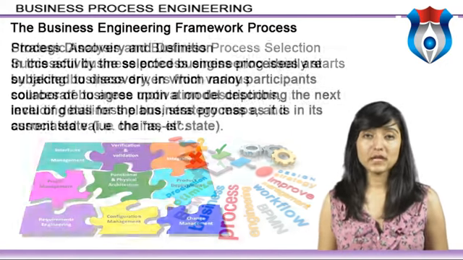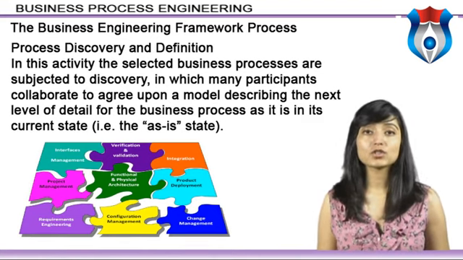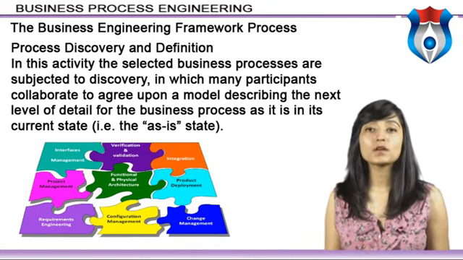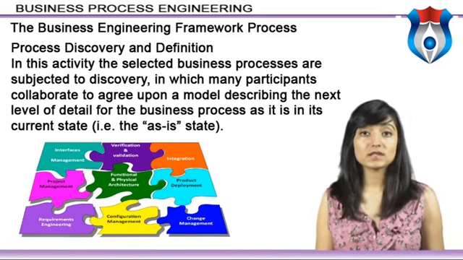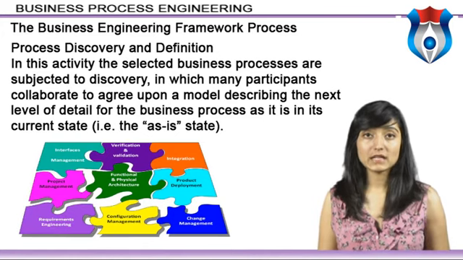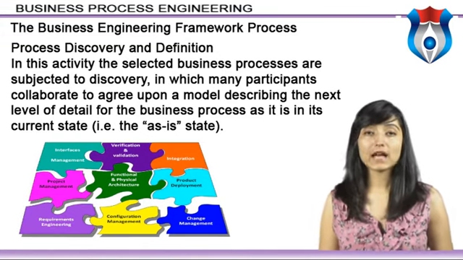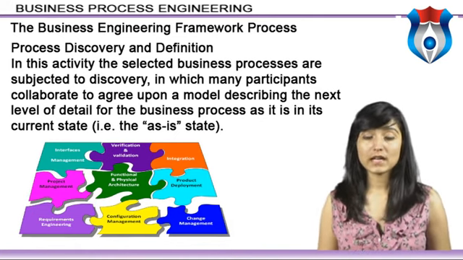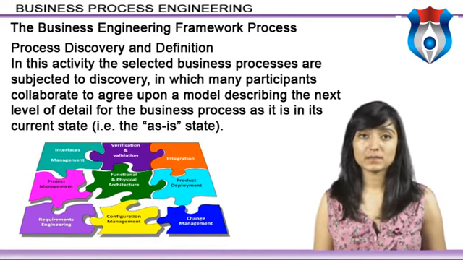In this activity, the selected business processes are subjected to discovery, in which many participants collaborate to agree upon a model describing the next level of detail for the business process as it is in its current state, that is, the as-is state. The process analyst applies further detail to the business process model, elaborating the model and resolving inconsistencies.